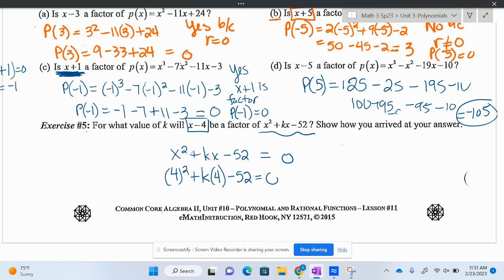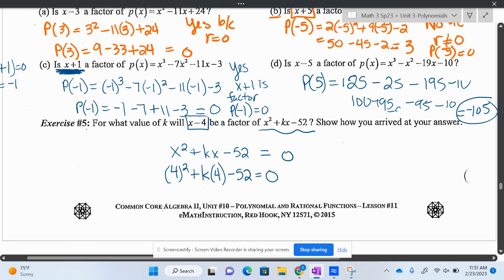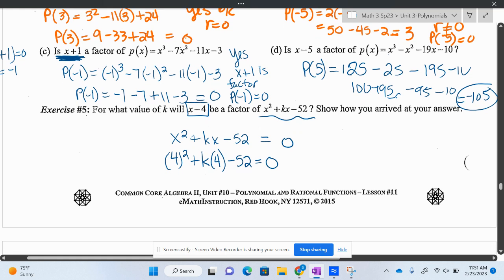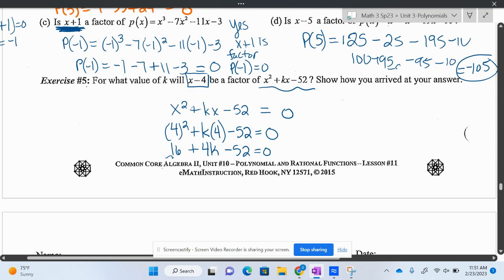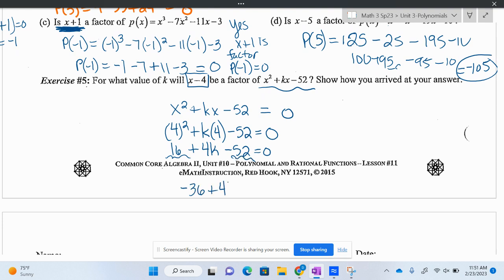And I know that if it's a factor, when I evaluate it, it's going to have to equal 0. So that's going to give me a positive 16 plus 4k minus 52 equals 0. And I'm going to combine these two terms. And that gives me a negative 36 plus 4k equals 0. And I'm going to add 36 to both sides. So that gives me 4k equals 36, which means that k equals 9.